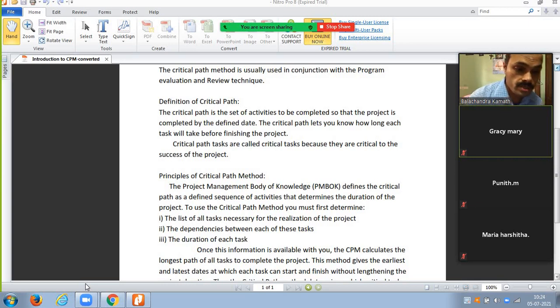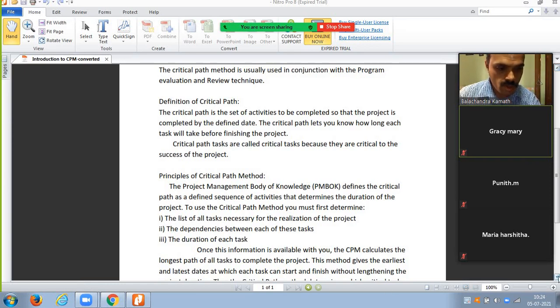These are called dependencies. And the duration of each task is how much time you take to complete each of the activities. Once this information is available to you, the CPM calculates the longest path. Longest path, what do you mean by longest path?